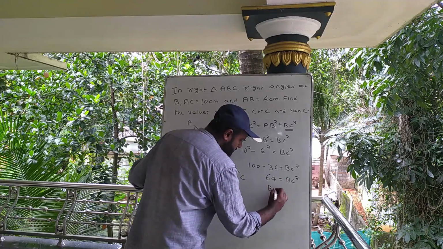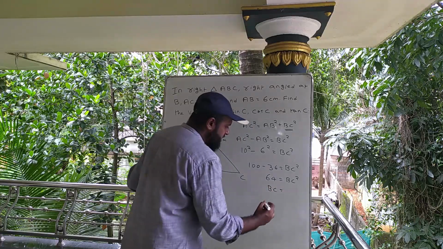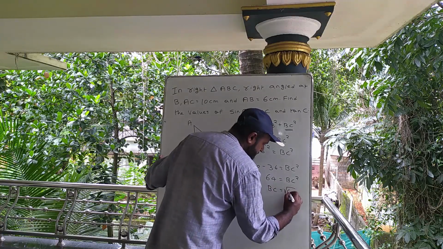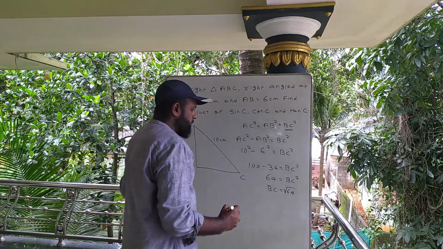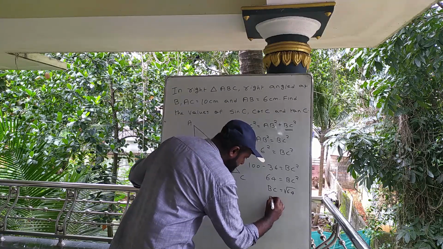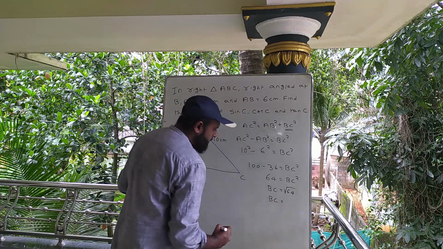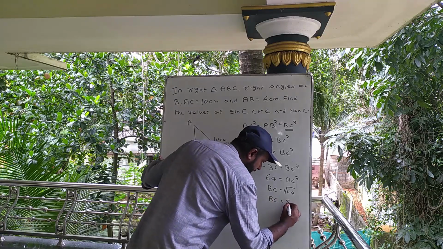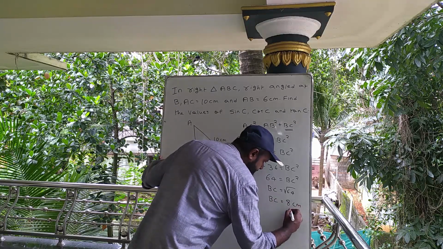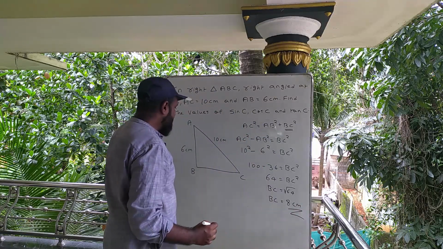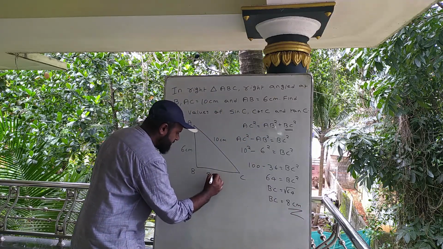BC equal to square root of 64, BC equal to 8 centimeter. We can write BC as 8 centimeter.